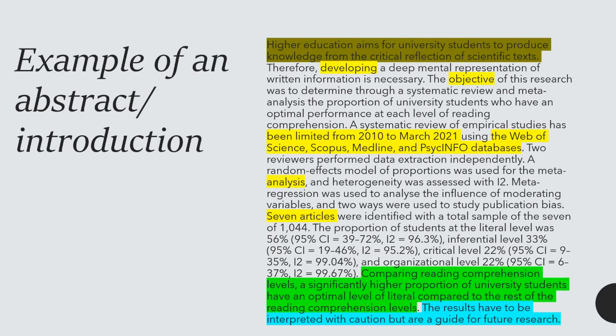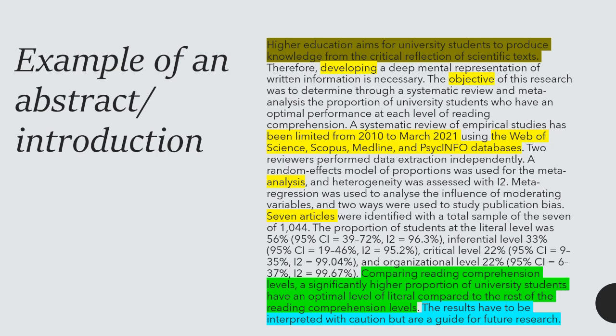Remember, just now we said you start with a statement. The statement is: higher education aims for university students to produce knowledge from the critical reflection of scientific text. Okay, that's their statement.